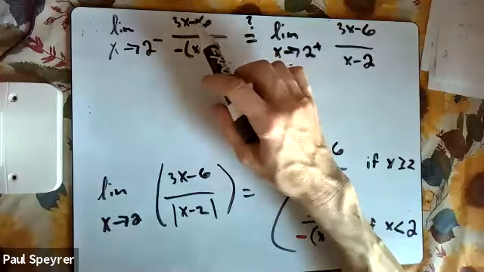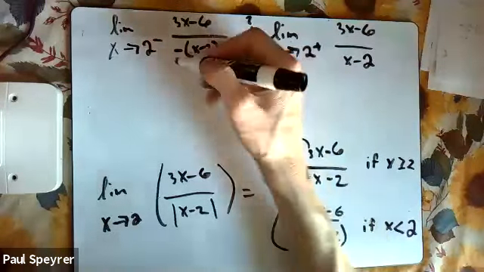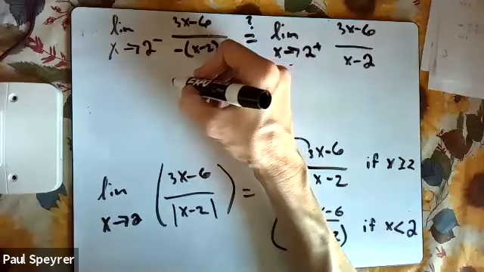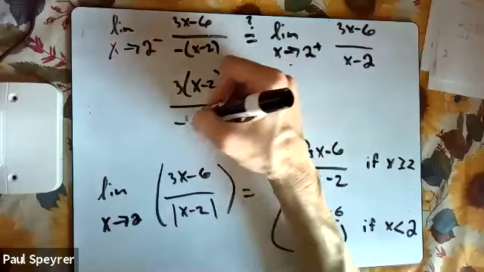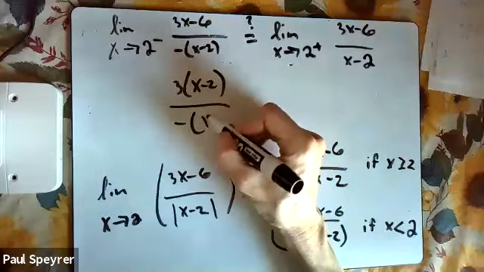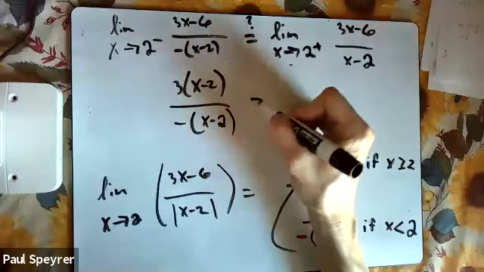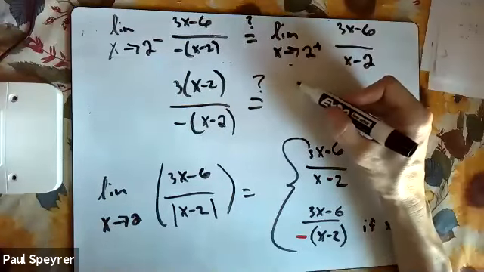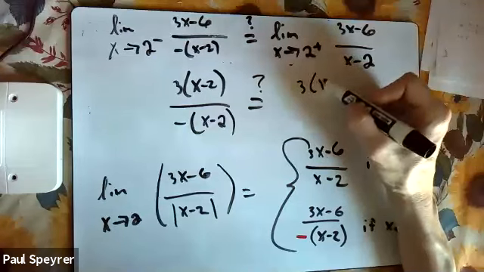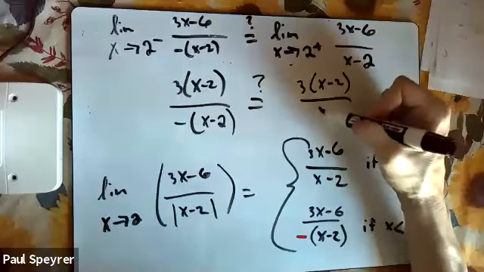So look, we can factor out a 3 up top, right? If I do that, I have 3 times x minus 2 over negative x minus 2 equals the question mark. Same thing right here. We have 3 times, and that becomes x minus 2 over x minus 2.